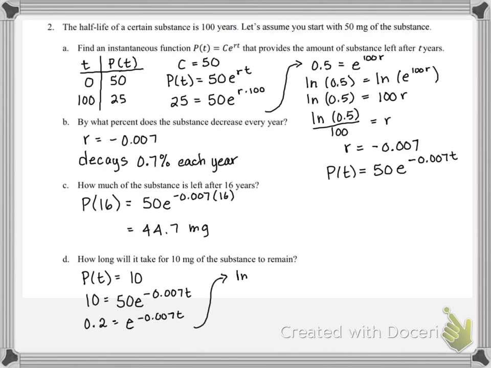And so now we can take the natural log of both sides. And then again, on the right side, because our base is e, we just get our exponent.